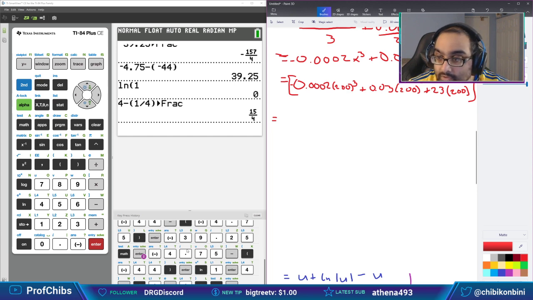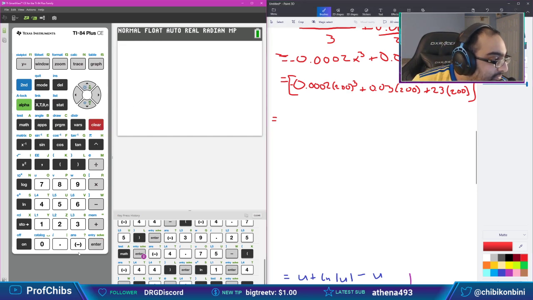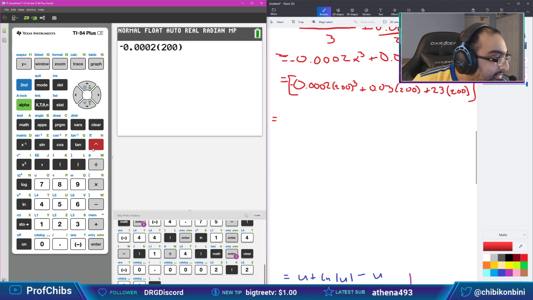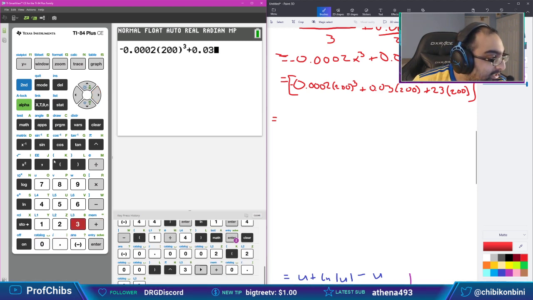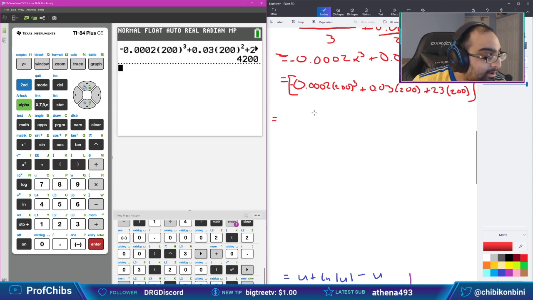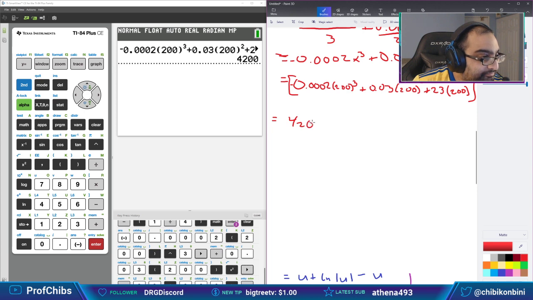Negative 0.0002 times 200 to the third power, plus 0.03 times 200 squared, plus 23 times 200. All right, so here we get 4,200. Okay, so we do get a nice value of 4,200 after everything is said and done.